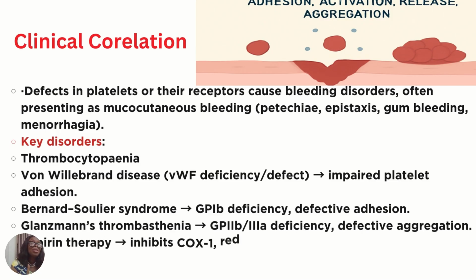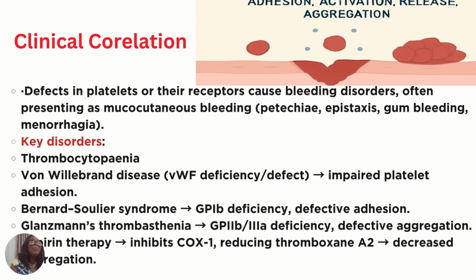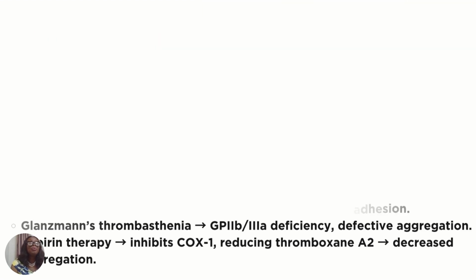We have key disorders that can occur as a result of platelet dysfunction, like thrombocytopenia, when you have a reduction in the amount of circulating platelets, von Willebrand disease, Bernard-Soulier syndrome, and Glanzmann thrombasthenia. We are going to look at these various disorders in detail in a future lecture.